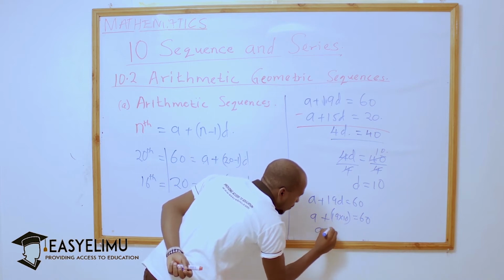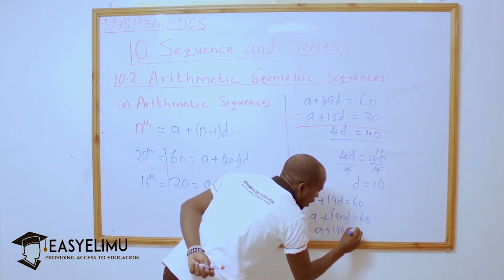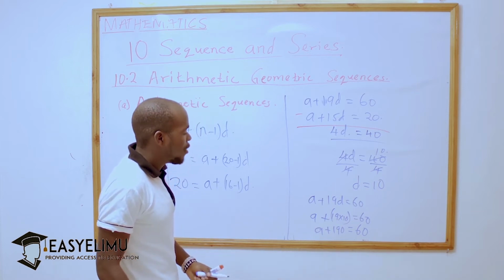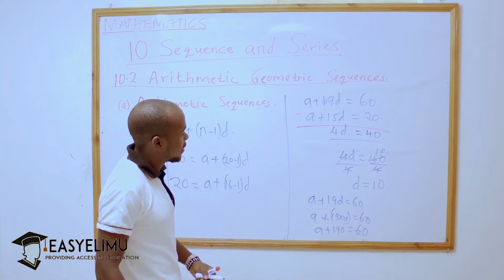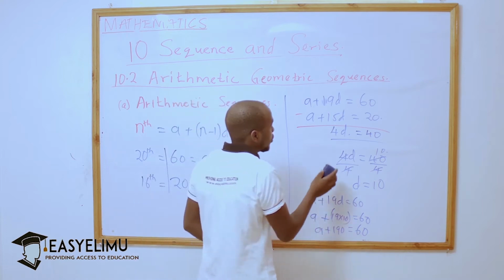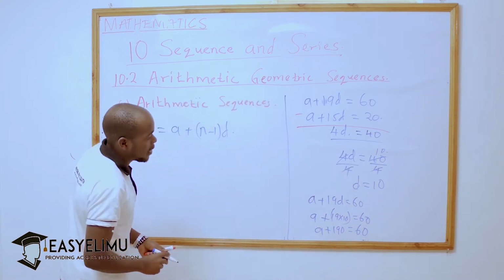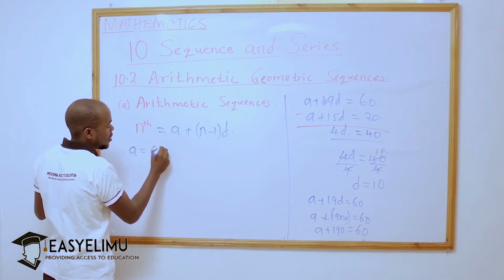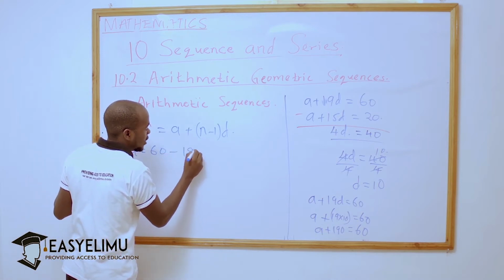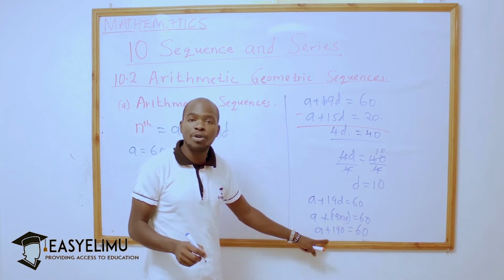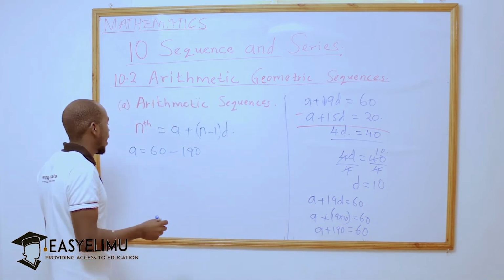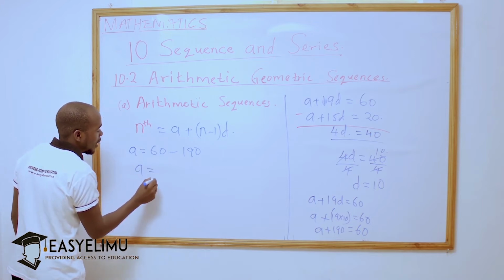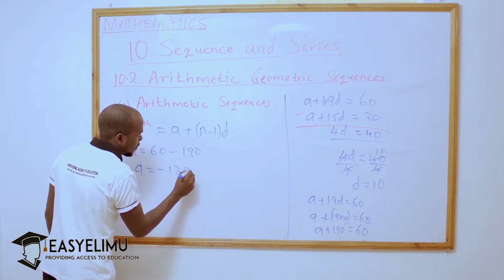That gives a plus 190 equals 60. What number, if you add to 190, gives 60? You will find a is equal to 60 minus 190, because you subtract 190 from both sides in order to get a. So a is negative 130.